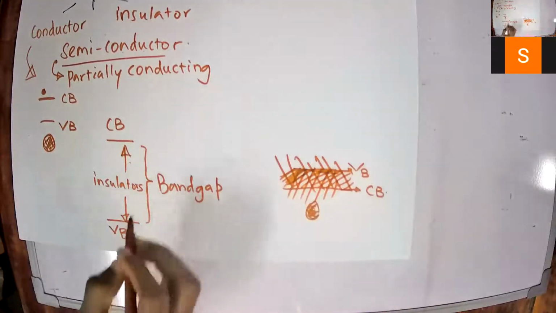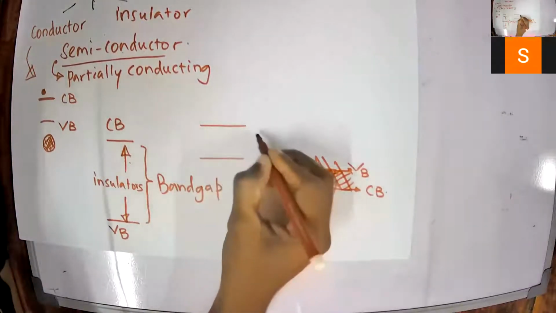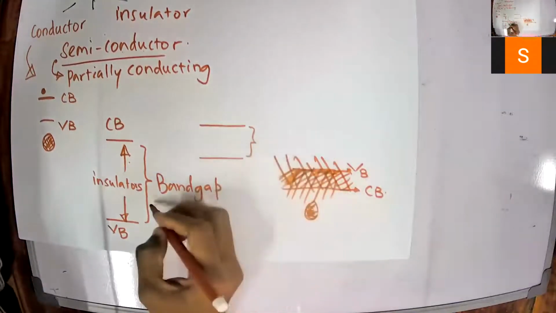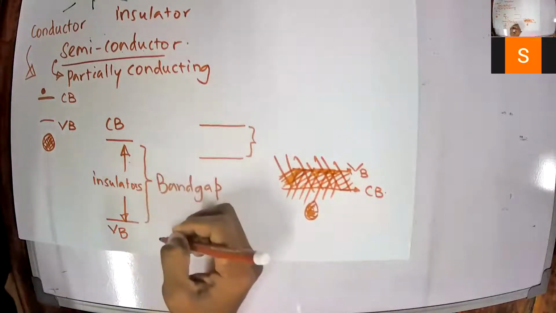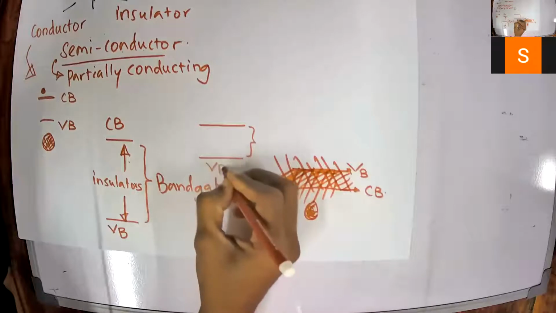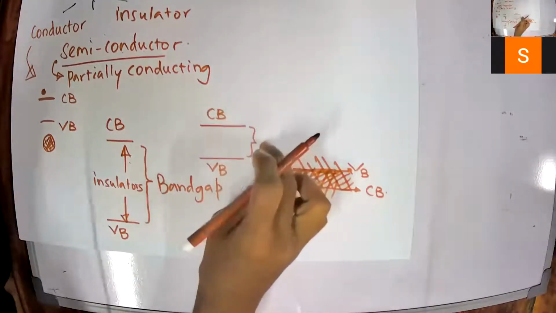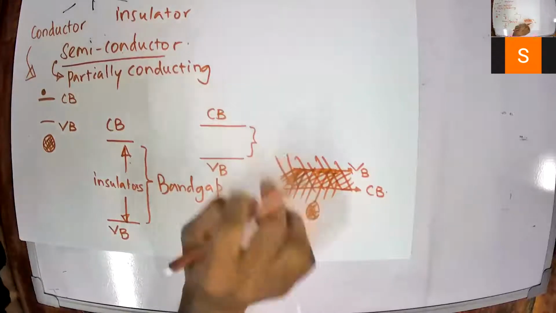Meantime, in semiconductors, we have a positive band gap, but that will be smaller than insulators. This is the valence band, this is the conduction band, but the band gap will be smaller.